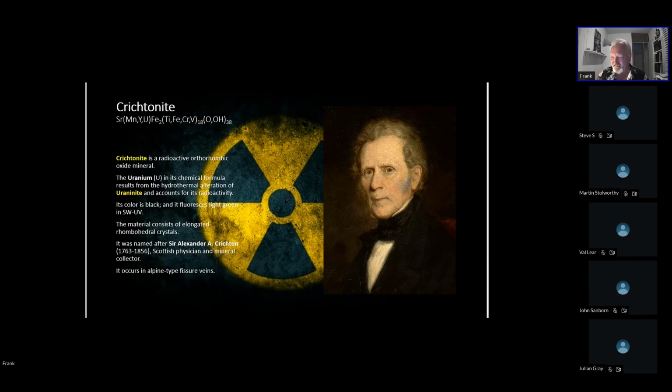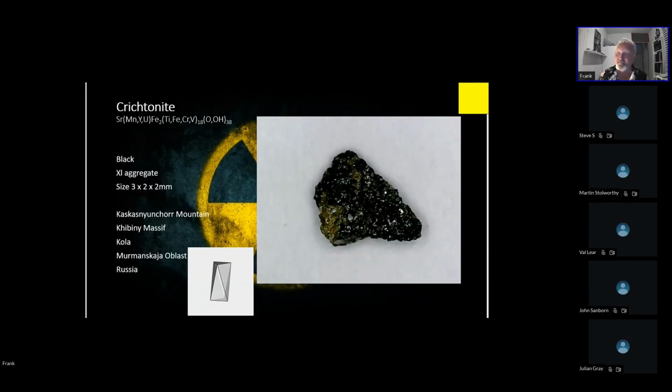Crichtonite. Crichtonite is a radioactive orthorhombic oxide mineral, and again, the uranium comes from hydrothermal alteration of uraninite. It is black in color and it fluoresces light green in shortwave UV. The material consists of elongated rhombohedral crystals, and it was named after Sir Alexander Crichton, a Scottish physician and mineral collector.